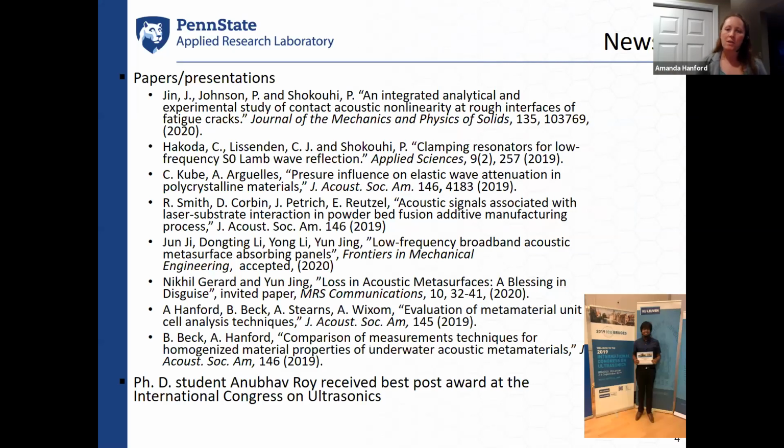So I went through and pulled a select group of publications and papers that were put together by some of our faculty and students. This is not an all-inclusive list, but I pulled out some materials and acoustic metamaterials papers that our faculty and students are involved in. And so thank you for all of your hard work getting papers out into the literature.